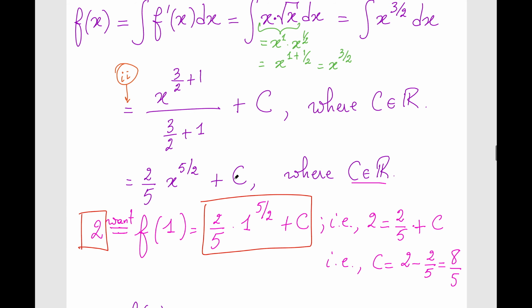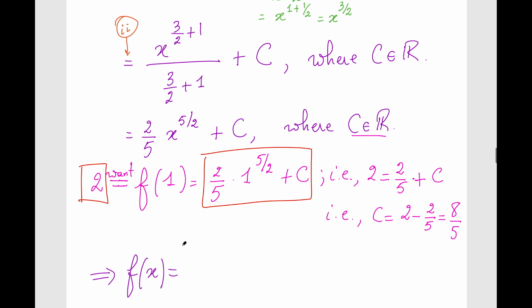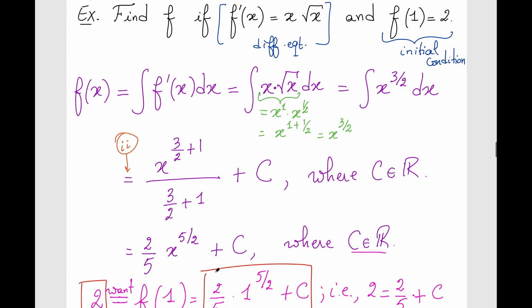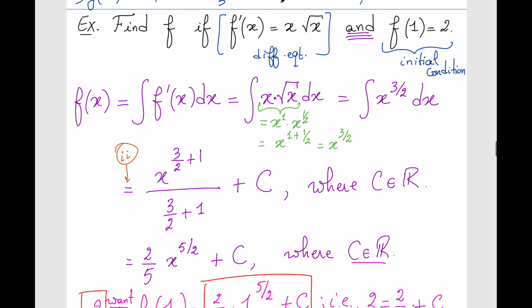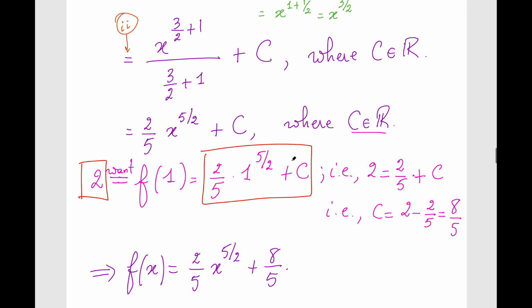So it's going to be 2 over 5 x to the power 5 over 2 plus 8 over 5. Make sense? So that's the function that answers this and this and this. I need both. Because I have a whole family that solves this question, but to solve both with this initial condition, I have one and only one, namely this function.